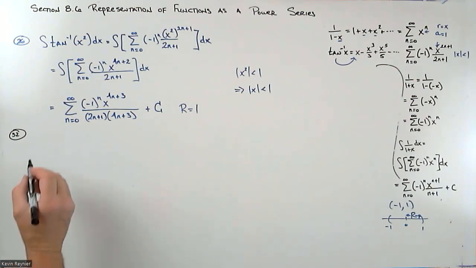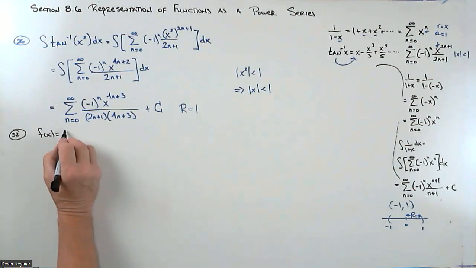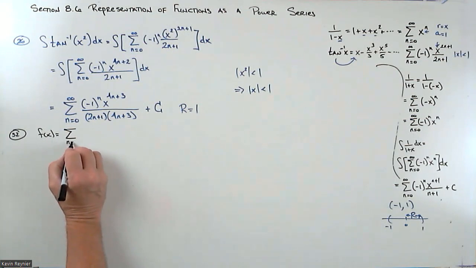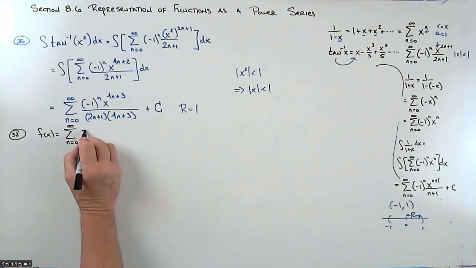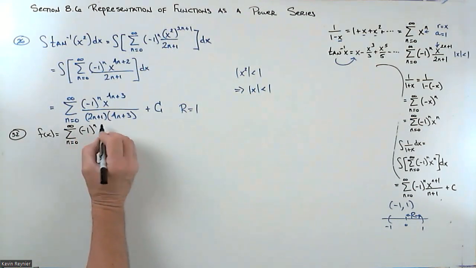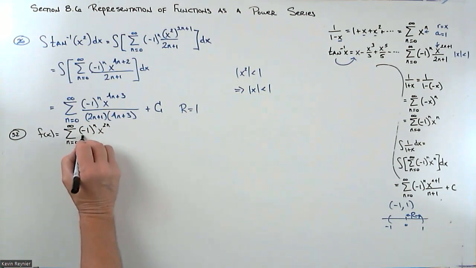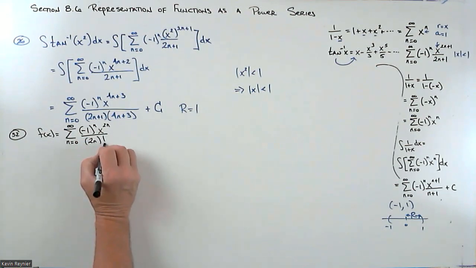So they give us a function. They give us a function f of x equals, and they represent it as a power series. It's n equals 0 to infinity of -1 to the n, x to the 2n divided by 2n factorial.